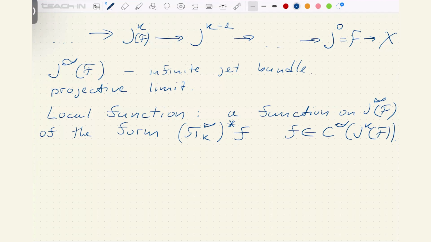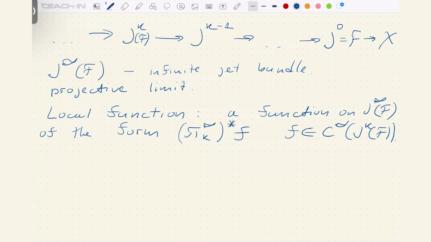What does it mean? It means that this function originates from finite jets, so it only depends on a finite number of coordinates, up to derivatives of a certain order. That's just a careful way to say it. So in some sense, these local functions are functions of a finite number of coordinates. They behave pretty much like functions on finite dimensional spaces, and it's easy to work with them.